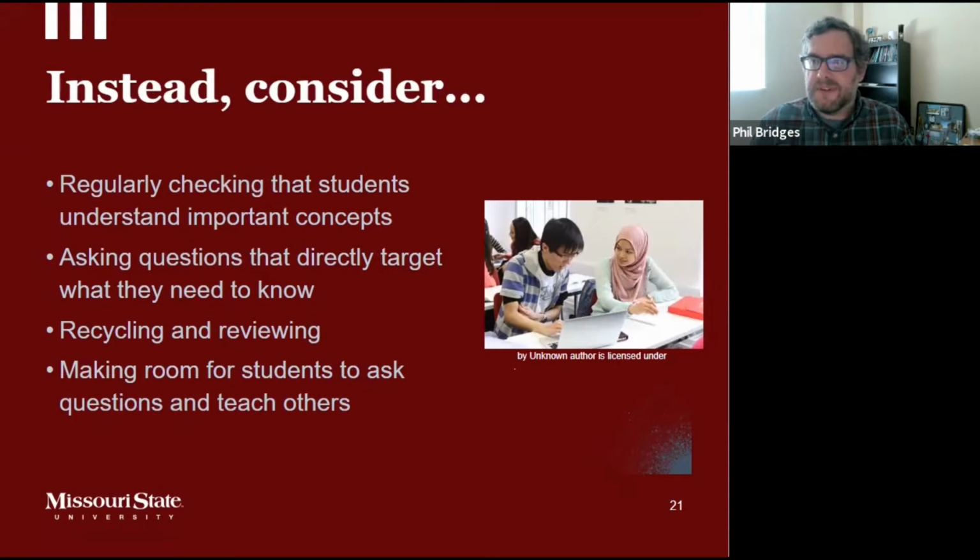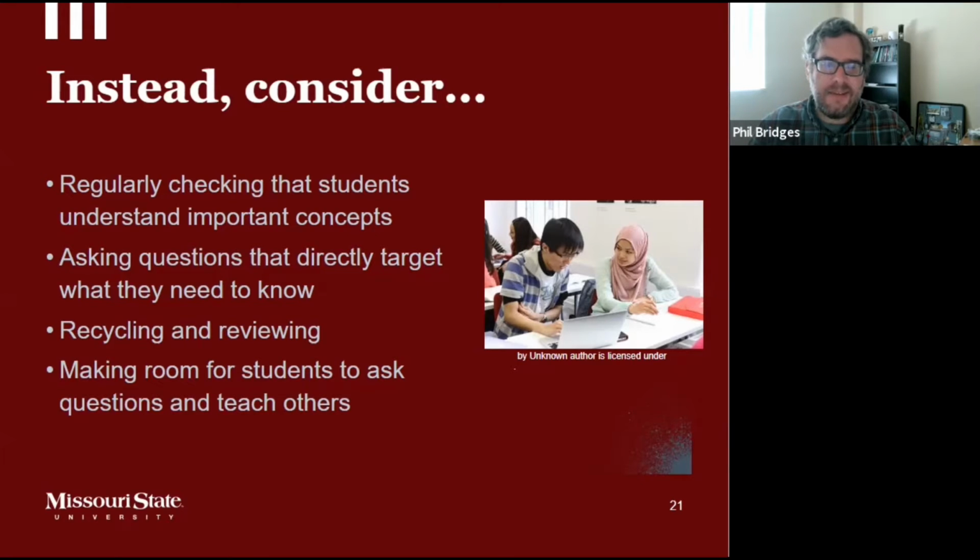The first one is just to make sure that in your teaching and in your class, there are regular checks that students are understanding the most important concepts. So if you step back and look at a whole course, this could be regular assessment, even if it's not graded, to check that students are understanding, to give them a chance to demonstrate that they have got those concepts.